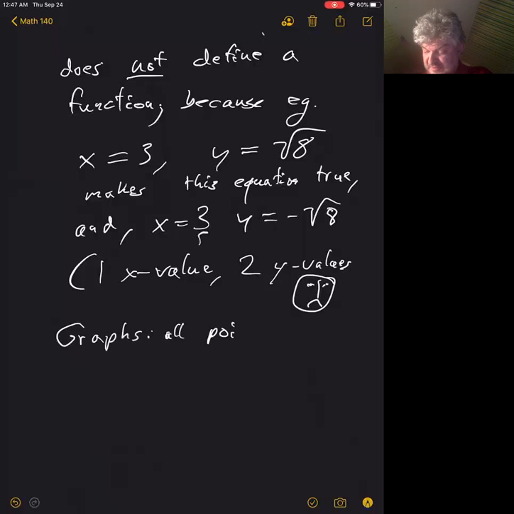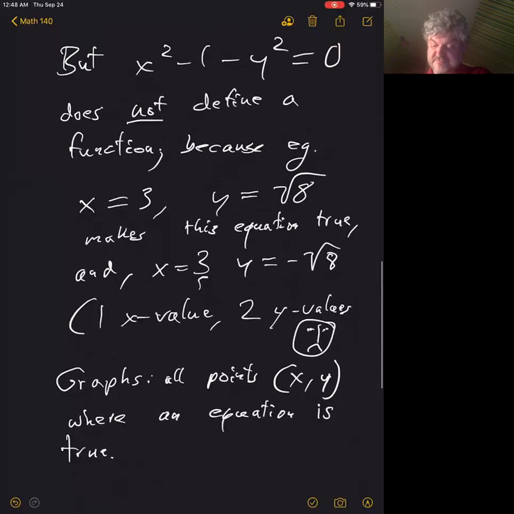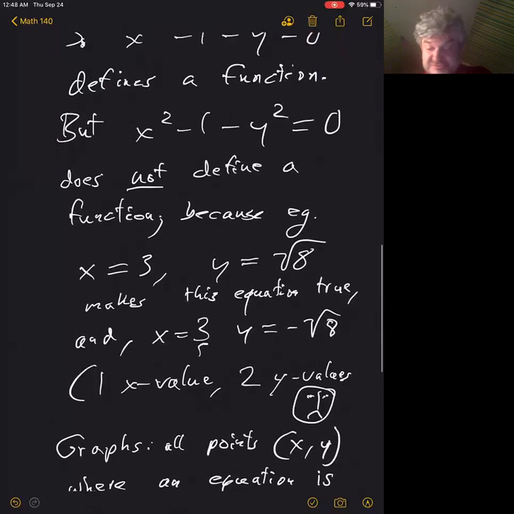All points, let's stick with the standard x comma y, where an equation is true. And that works even with relations. We can always plot those points, at least in theory, all the points where an equation is true.